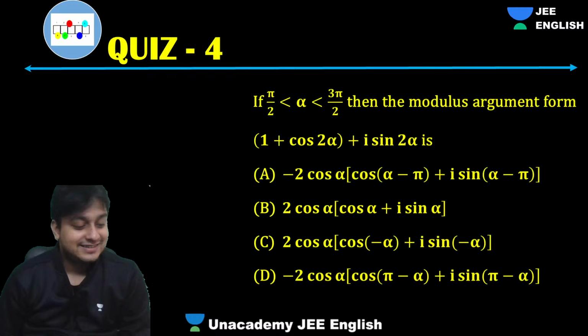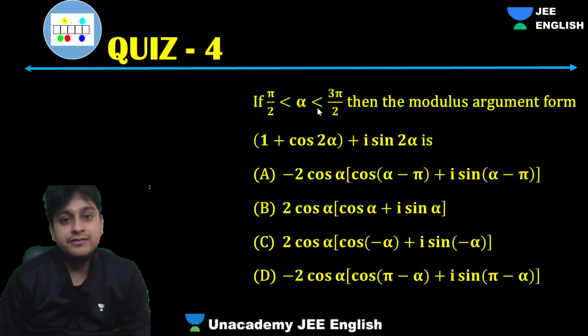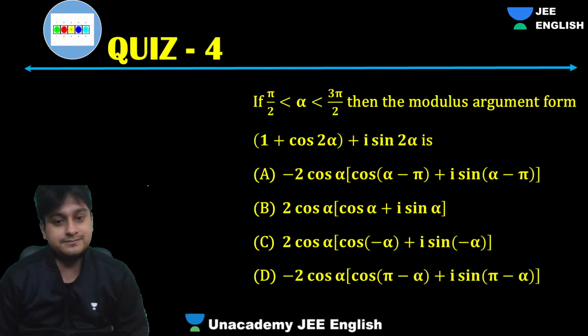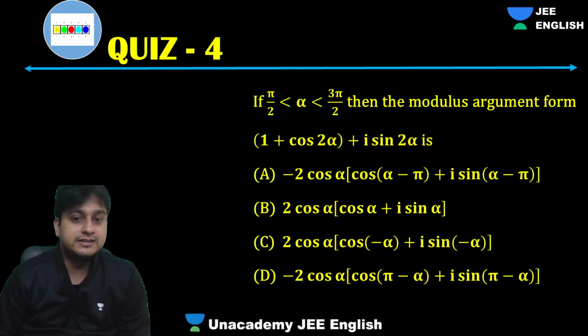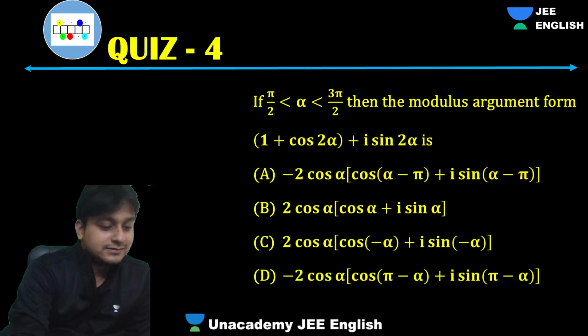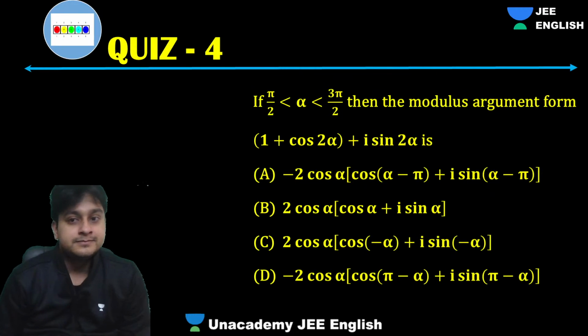Okay, guys. So we have alpha between pi by 2 to 3 pi by 2, and we want the modulus argument form of 1 plus cos 2 alpha plus I sin 2 alpha.